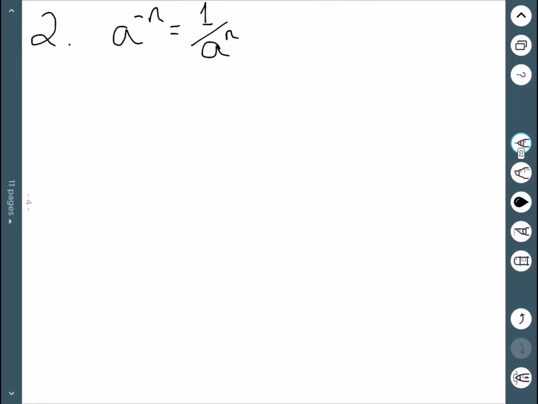Our next rule is negative exponents. If you see a negative exponent, that's the same thing as it being on the bottom of a fraction.